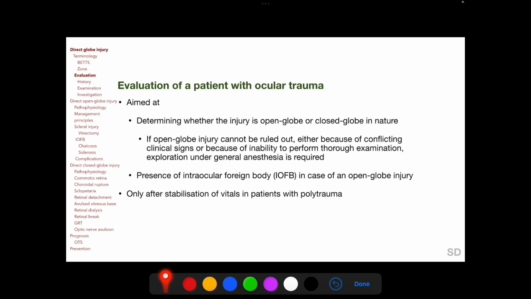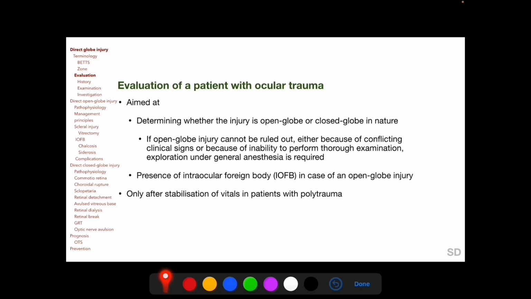Evaluation of a patient with ocular trauma is primarily aimed at determining whether the injury is open globe or closed globe in nature, and whether an intraocular foreign body is present in case of an open globe injury. But during the initial evaluation, it may not always be possible to definitively determine whether an open globe injury is present or not, either because of conflicting clinical signs or because of inability to perform a thorough examination.